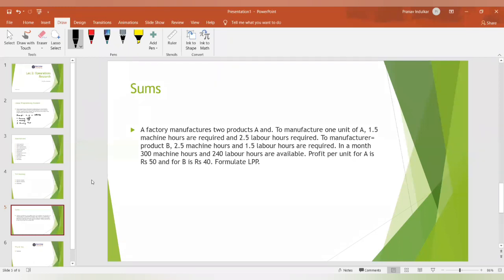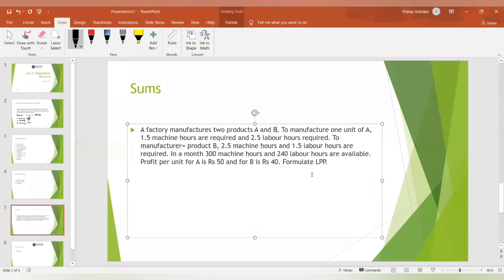A factory manufactures two products, A and B. This kind of problem is called a product decision problem, where we are going to finalize how much quantity we have to manufacture for A and how much for B. Is it understood?